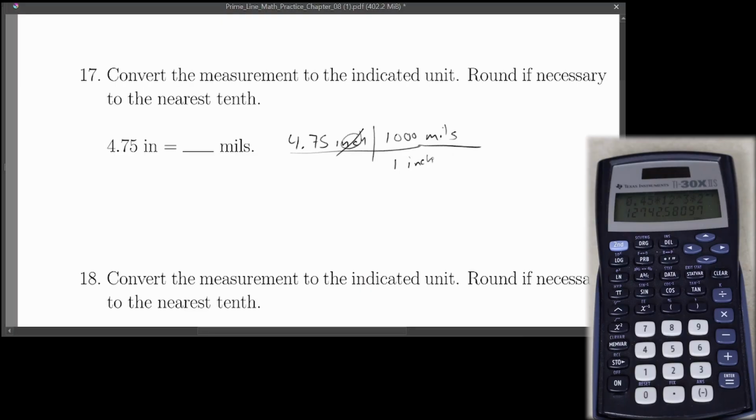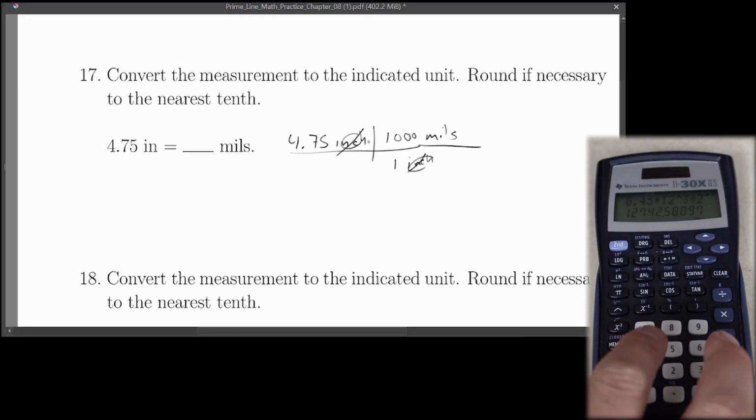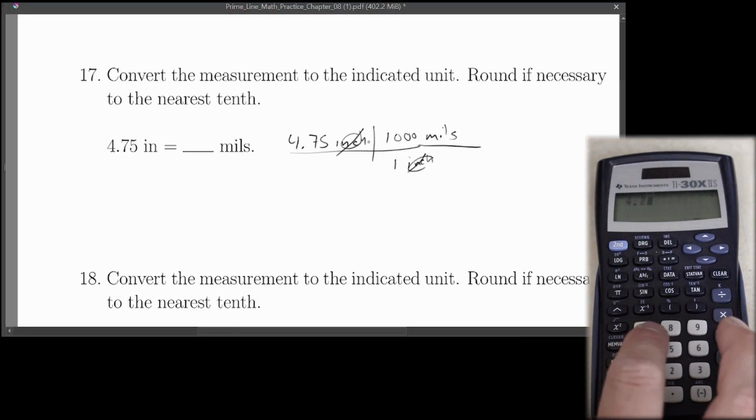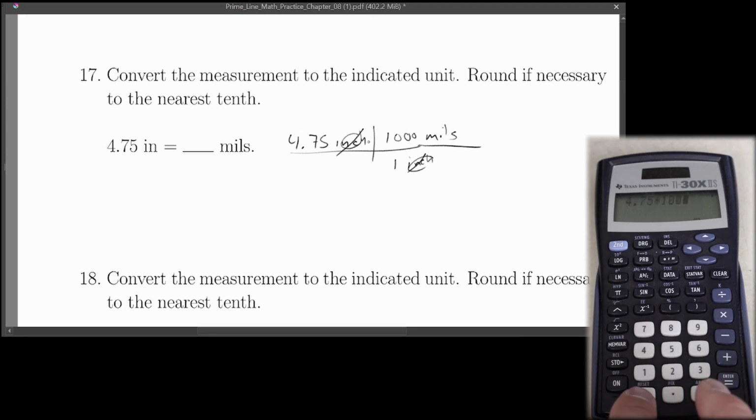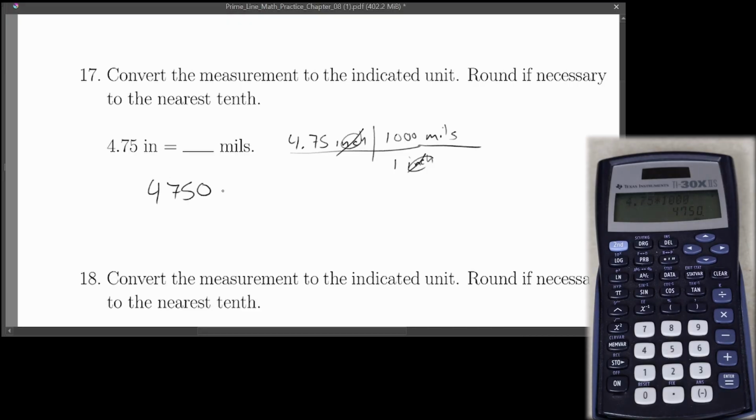Notice our inches cancel, and we'll multiply it by 1,000. So 4.75 times 1,000, we get 4750. Nearest tenth is 0.0 for our value.